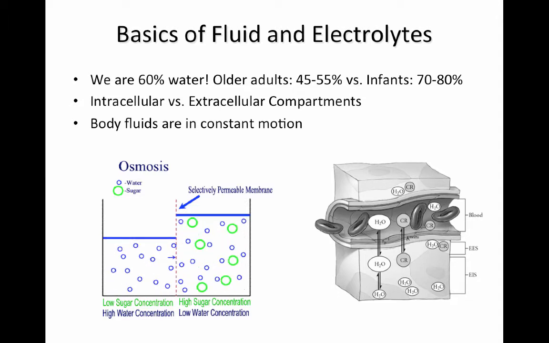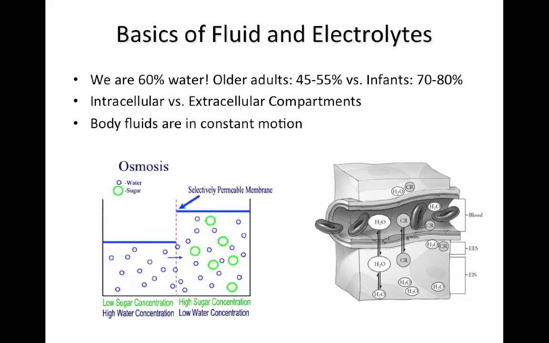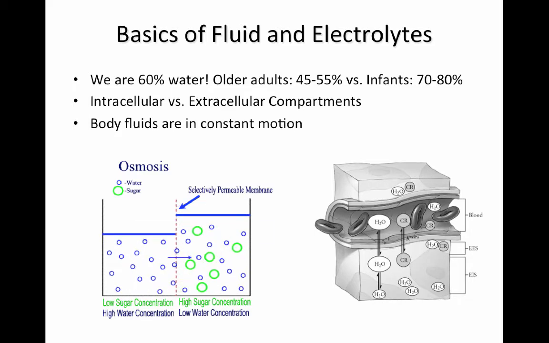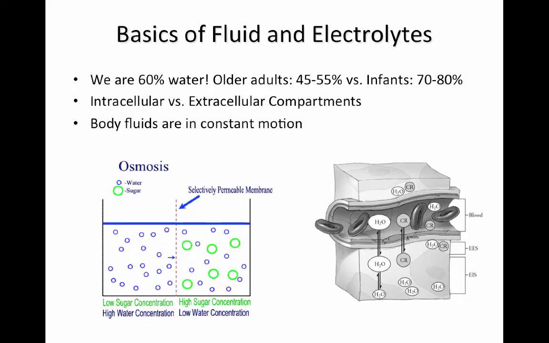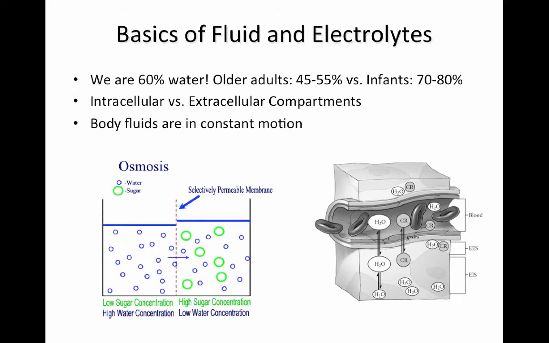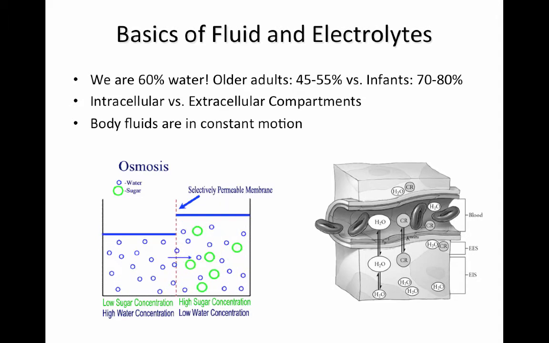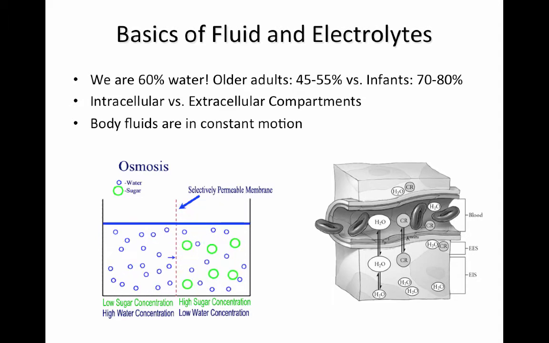So osmolality increases with dehydration. If I have less water than solutes, then my serum osmolality is elevated. That means I'm hemoconcentrated. That means I have more solutes than I have water, so my serum osmolality would be high.